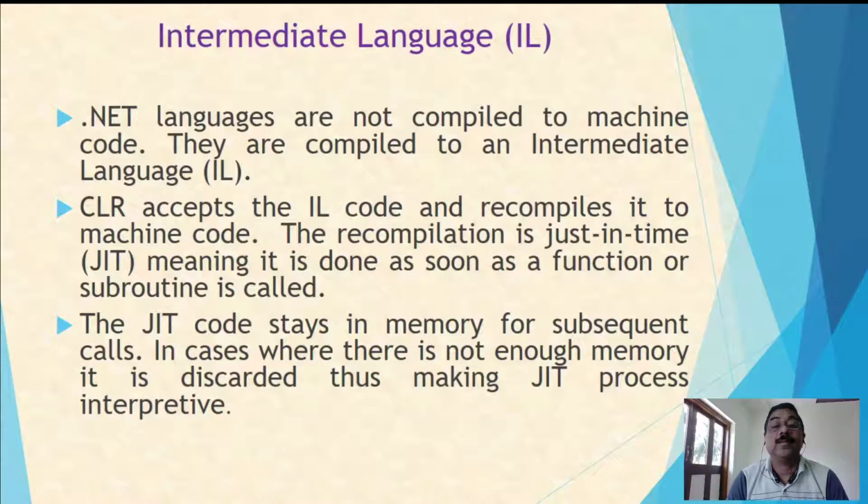They are first compiled to an intermediate language, called MSIL. The CLR, which is a basic building block of our .NET architecture, accepts the intermediate language code and recompiles it into machine code.